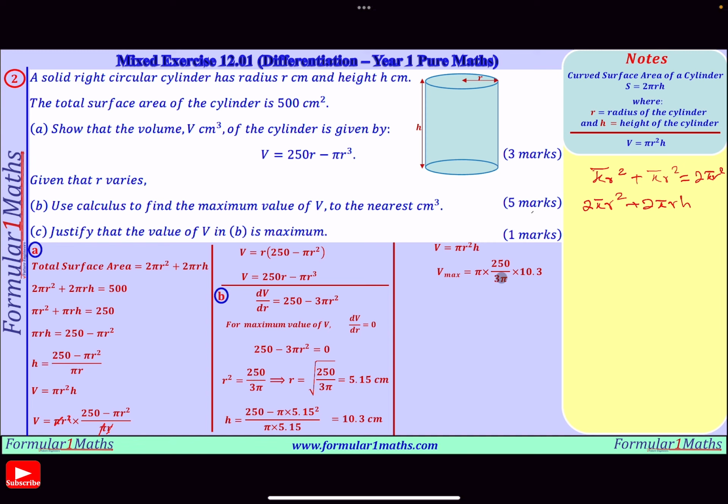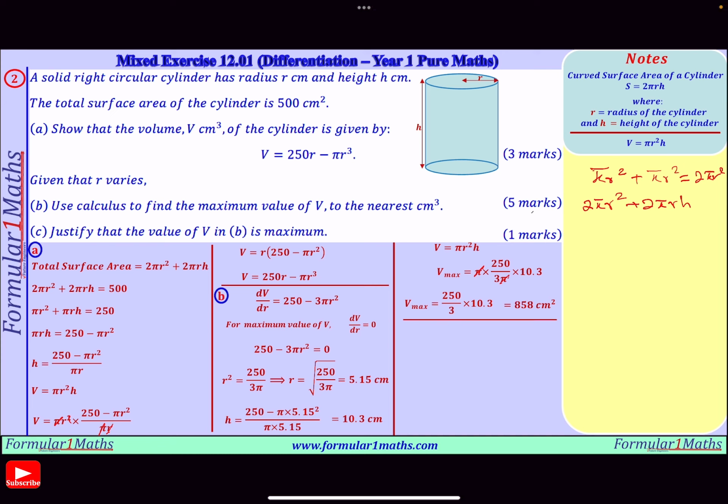So instead of doing 5.15 all squared, we simply replace the r squared with this value here, which is more accurate. And then we multiply by 10.3, which is the h that we got over here. So we can cancel out the pi, and V max now becomes 250 over 3 times 10.3. And this, when evaluated, gives 858 centimeters cubed. And this is the maximum volume of the cylinder to the nearest centimeter cubed.